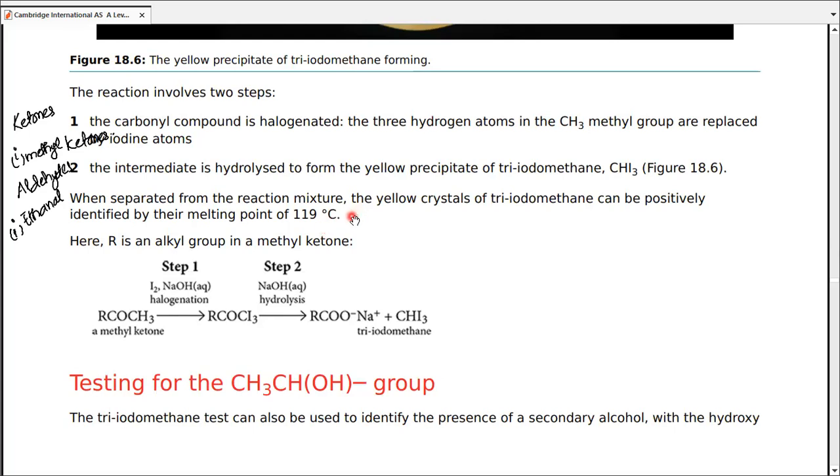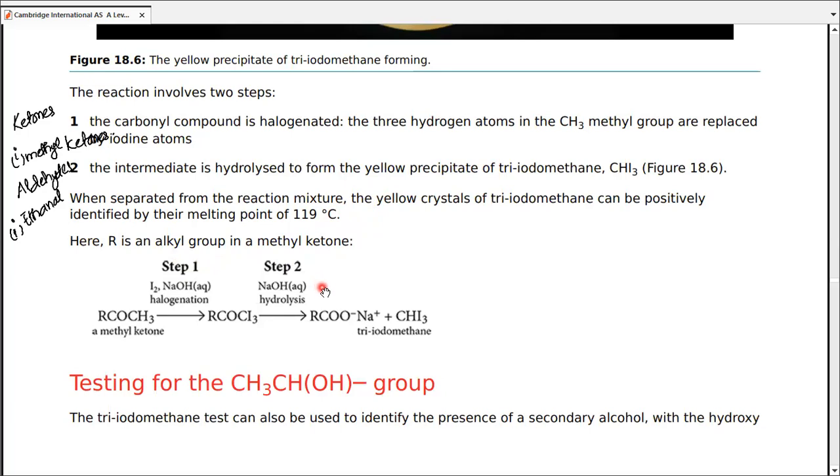This is how we're going to positively confirm that the yellow precipitate was triiodomethane, and its identity is confirmed by a physical property, melting point, one of the best ones to follow, right?